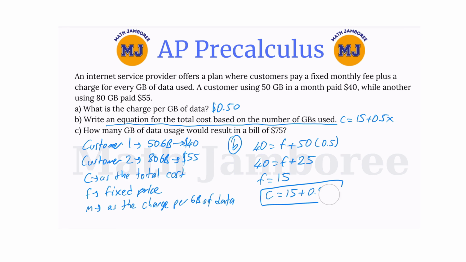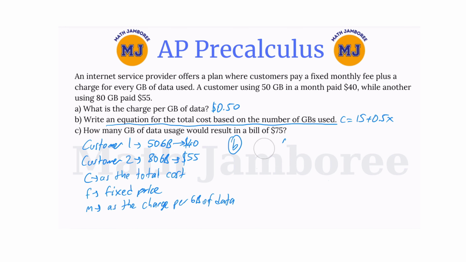To make more space, again I'm going to erase here and continue with part C. So we have $75 to spend, and you know that you're required to pay $15 as a fixed price plus 0.5 times however many gigs you use. Let's call it x.